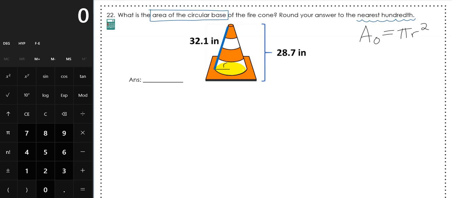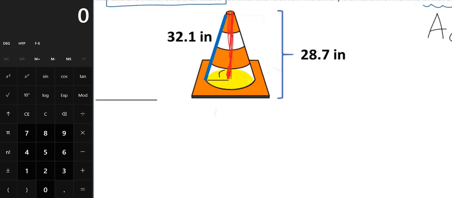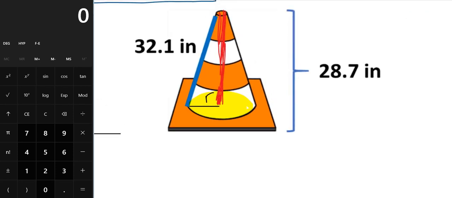If I take this 28.7-inch height that's shown on the outside of the cone, and then I draw it on the inside of the cone like this, and I make sure I draw that it's perpendicular. So let me zoom in. I'll draw that it is perpendicular. Now you should see that a right triangle is formed.